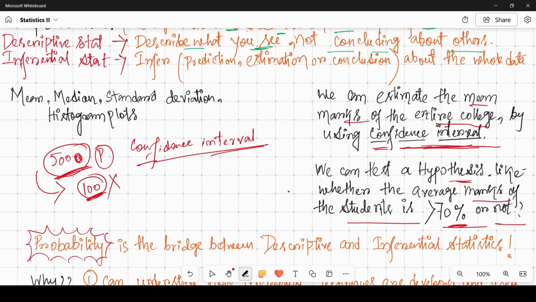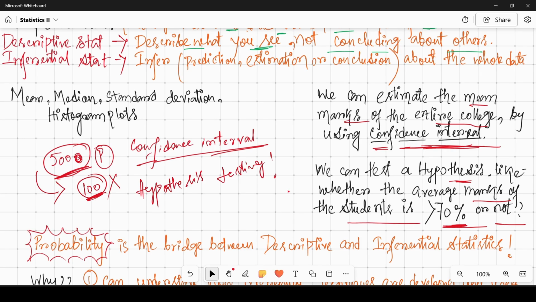This is our hypothesis. We are hypothesizing this statement. Then we will check whether it is true or not by using the inferential statistical method, which is also called hypothesis testing. Alright.